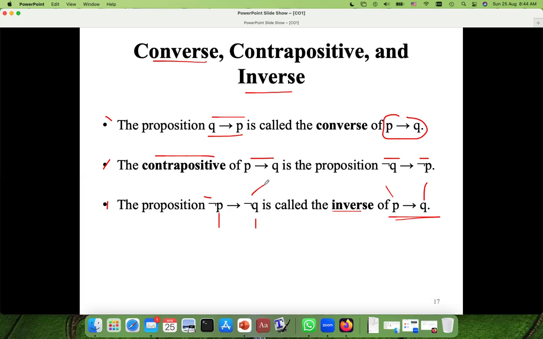In converse, if some part of the expression is reversed and some is as it is, you can still call it converse. But inverse, you cannot; it is completely negative, according to the definition in mathematics. So these are the three different things that you have to memorize.